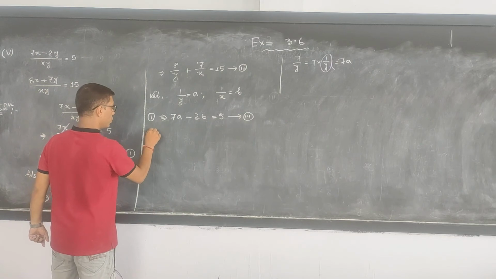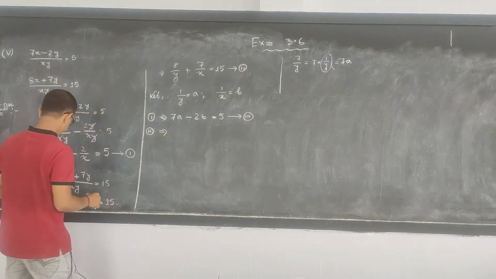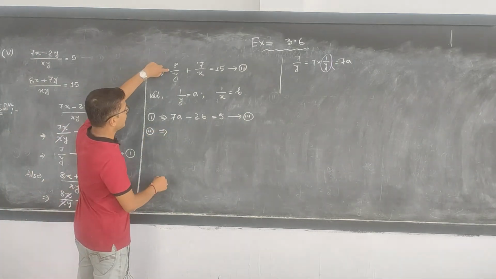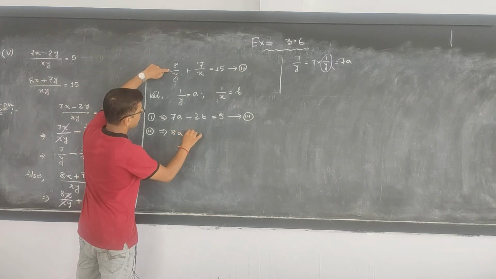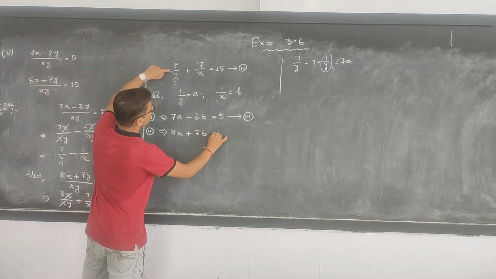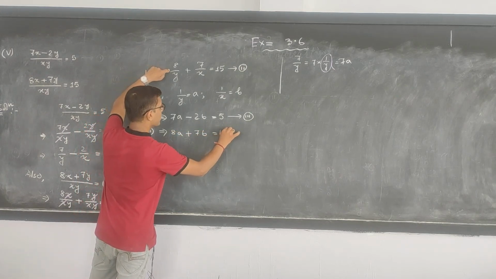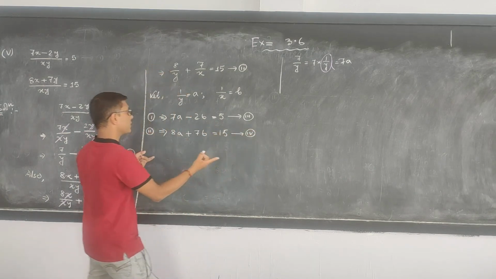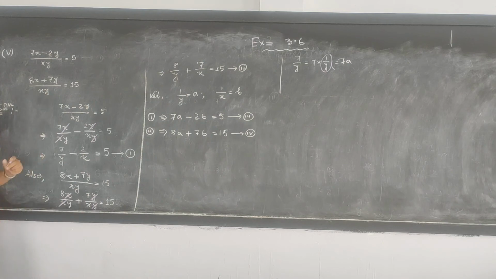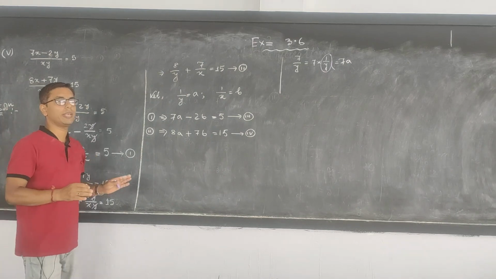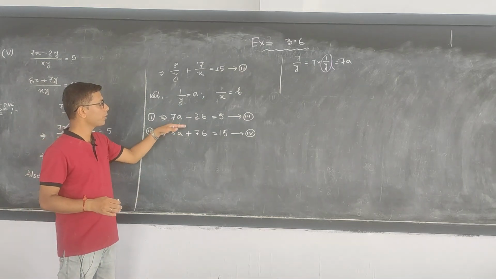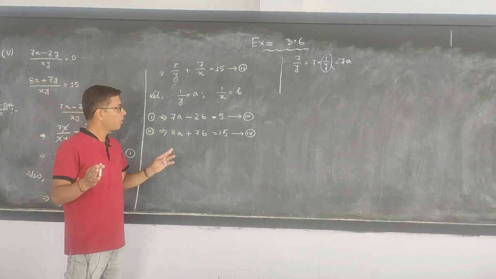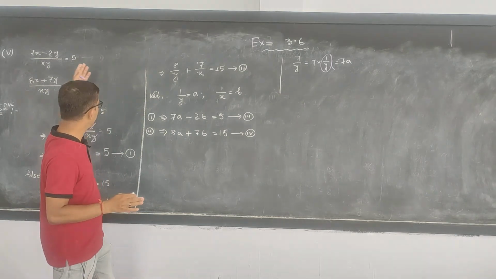And equation 2 will look like 8a plus 7b is equals to 15. Okay, this is equation number 4. Now equation 3 and equation 4, you need to solve these two equations. By any given method you can solve these two equations to get the values of a and b, and finally you will get the values of x and y.